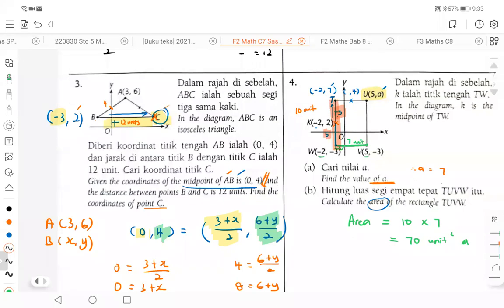Negative 12 minus 3 equal to 9. How to write coordinate C? I'm a bit confused. Coordinate of C.